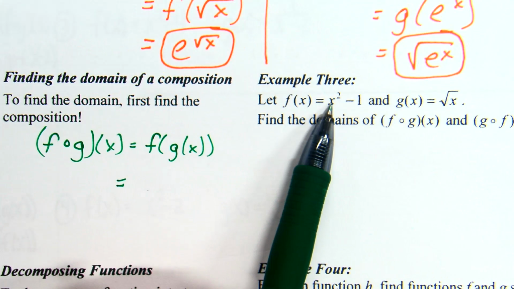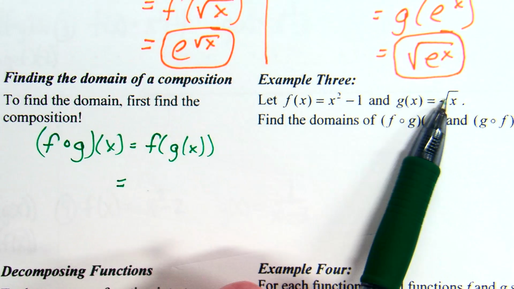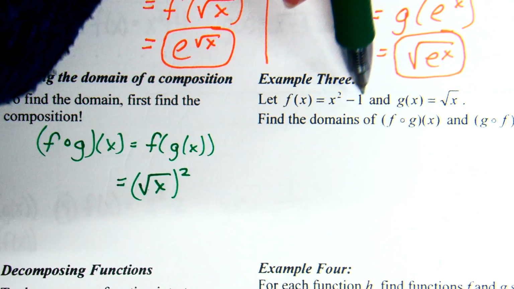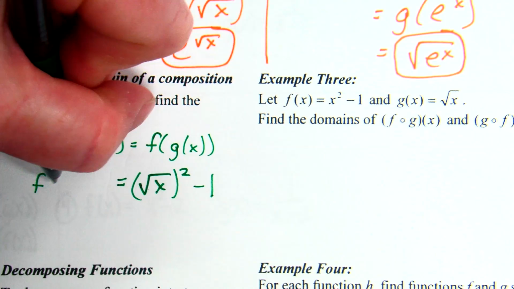So what is it that I'm putting in place of x there? Now, the whole function, which is square root of x. So we're going to take that square root of x and we're going to square it. So I'm going to write this as the square root of x squared. And then what else do we have to still do? Minus 1. So that's the idea of Fogg.